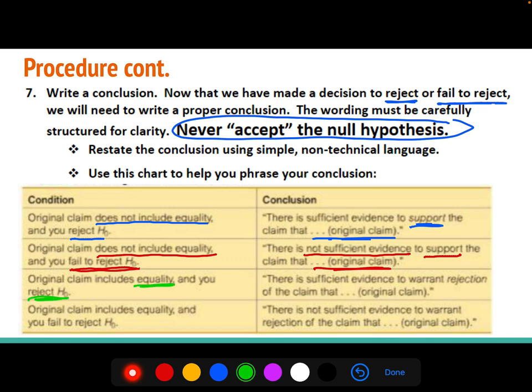Now, if your original claim includes equality and you reject the null, then there is sufficient evidence to warrant rejection of your claim. And the last one, if your original claim includes equality and you fail to reject, then there is not sufficient evidence to warrant rejection, and then your original claim. This is how we officially word things, so make sure you write this table down somewhere because you're going to use these fancy words.